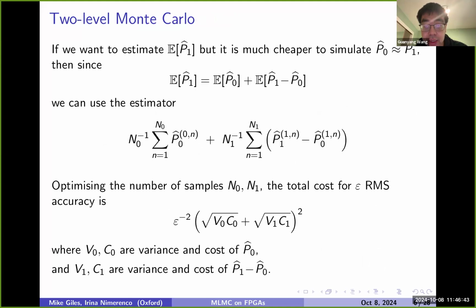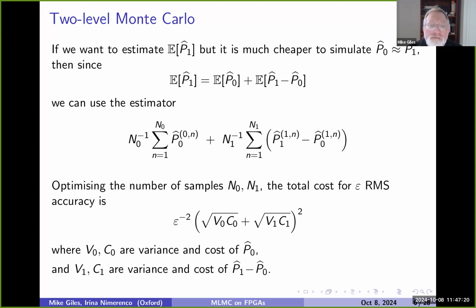Yeah, so the question is, are P0 and P1 correlated? No. The 0 and 1 are meant to indicate that they're completely independent sets of random numbers. The random numbers that we use for estimating the correction, the difference P1 minus P0, are an independent set from the ones that we use to estimate the expected value of P0.